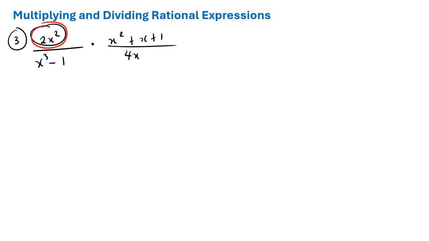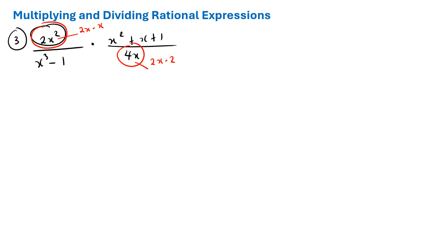So the 4x, it doesn't really have much, but I can factor that into 2 times 2x if I needed to. And this 2x squared here can be factored into 2x times x. So we can factor 4x into 2x times 2, or 2 times 2x.